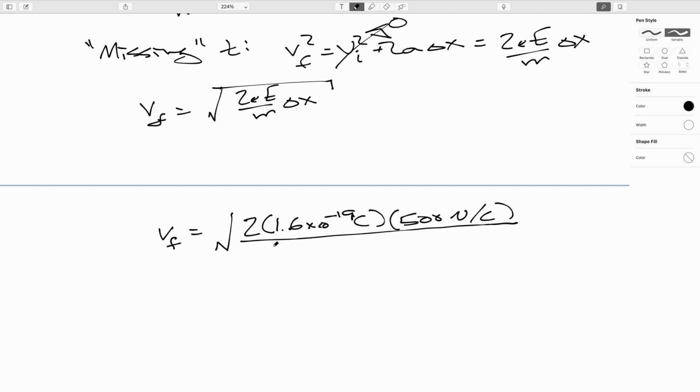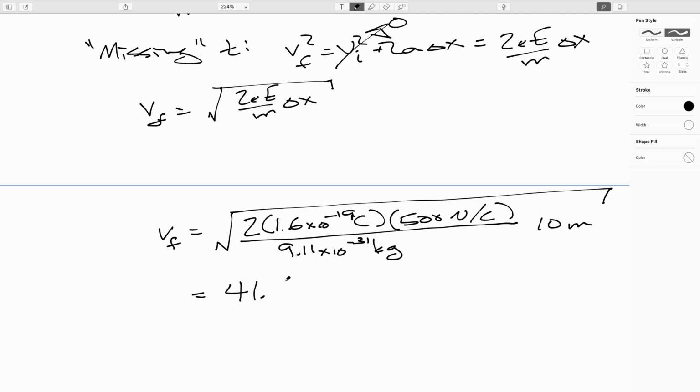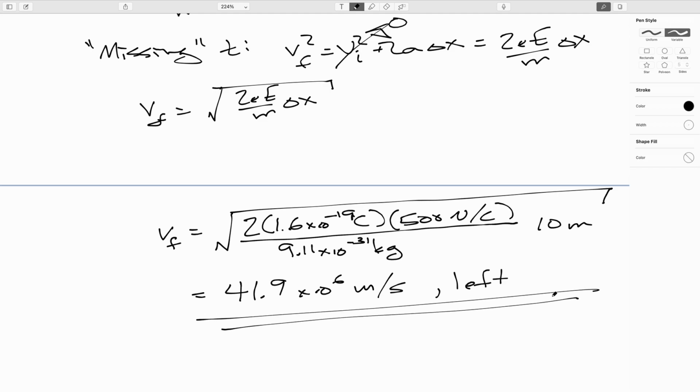And the mass of an electron can be remembered by saying call 911. So 9.11 times 10 to the negative 31 kilograms. And then we said the thing traveled 10 meters. So when you crunch it through, you get 41.9 times 10 to the 6 meters per second, and we already worked out that the direction was to the left.